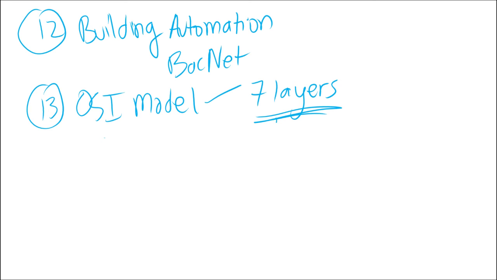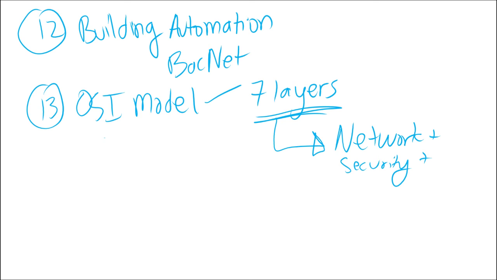And this kind of cross connects with my other course that I'm building on the Network Plus and Security Plus and the A Plus. And you might want to think about those if you're interested in networking.